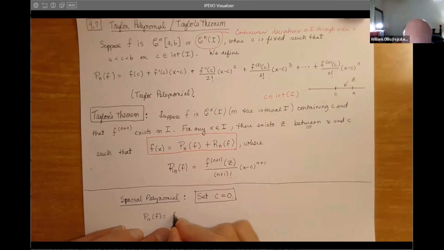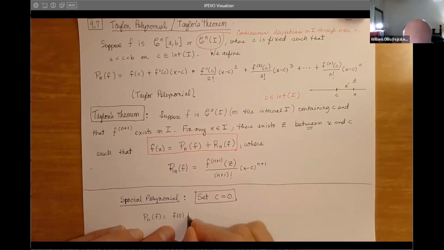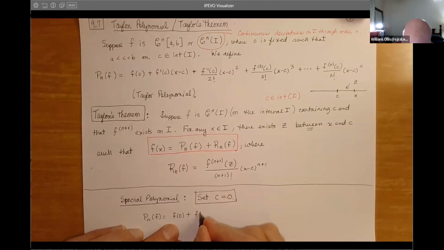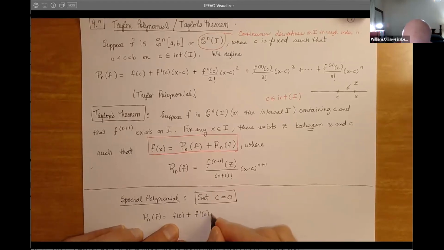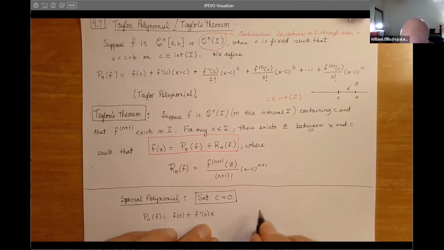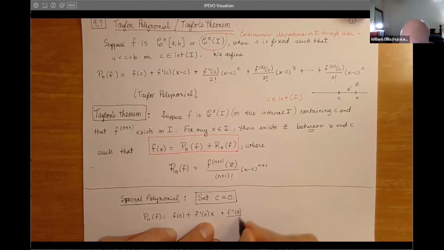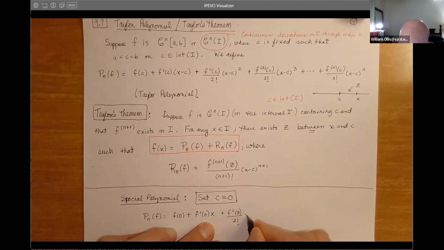So we get f of 0. I'll just write out a couple of terms. f prime of 0 x plus f double prime of 0 over 2 factorial x squared.